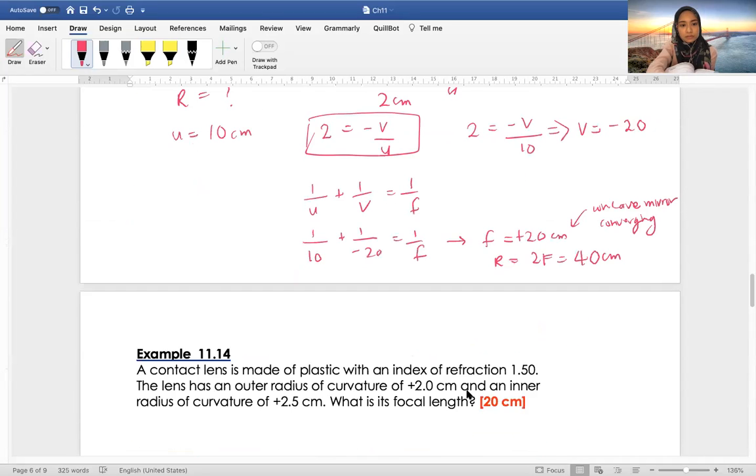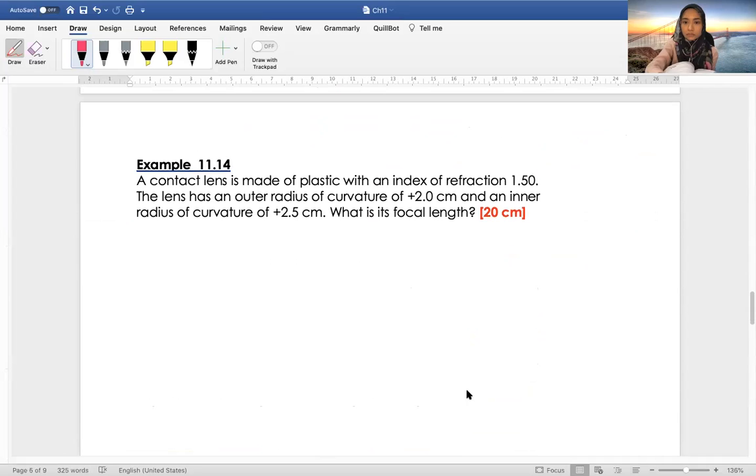14, that was 15, 14, okay. A contact lens is made out of plastic with an index of refraction of 1.5. The lens has an outer radius of curvature of 2, and an inner radius, don't know how the lens looks like, assuming it's like that. So inner radius of 2.5. Here they said it is positive, but inner means negative. So the value is 2.5, but for an inner radius, the radius of curvature is negative.